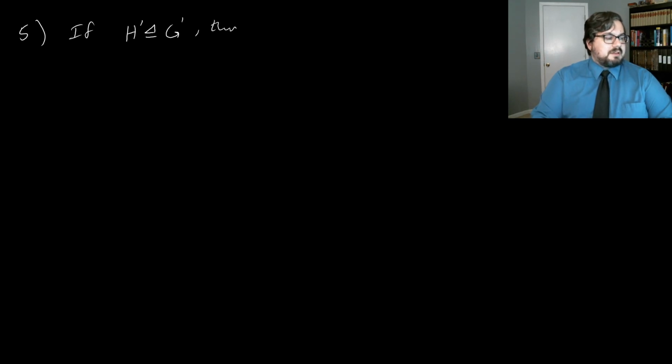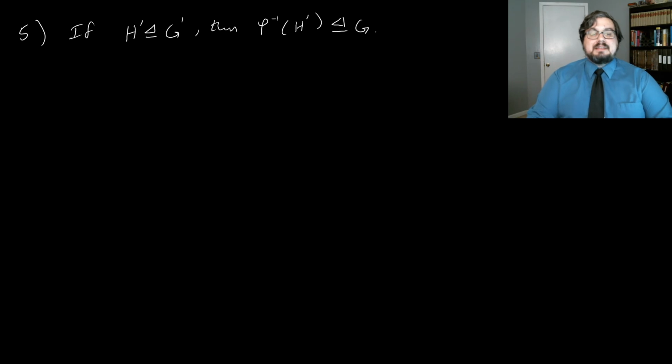Part 5 says that if H prime is a normal subgroup of G prime, then phi inverse of H prime is a normal subgroup of G. And then there's an in particular statement, which we'll handle afterwards.